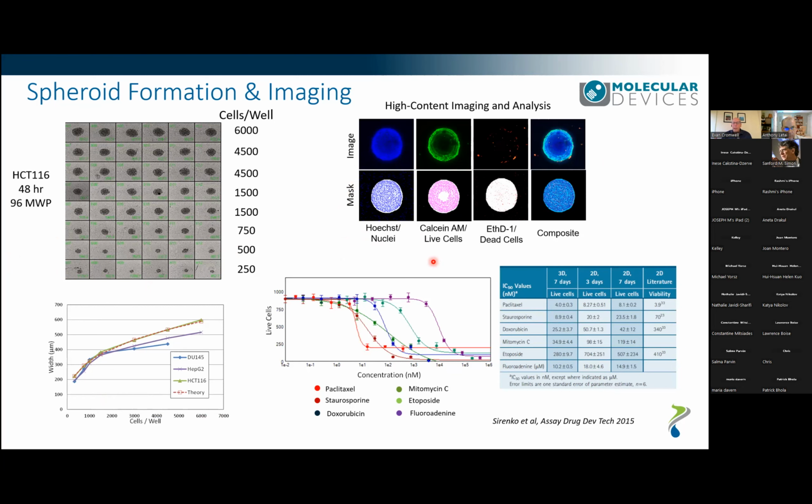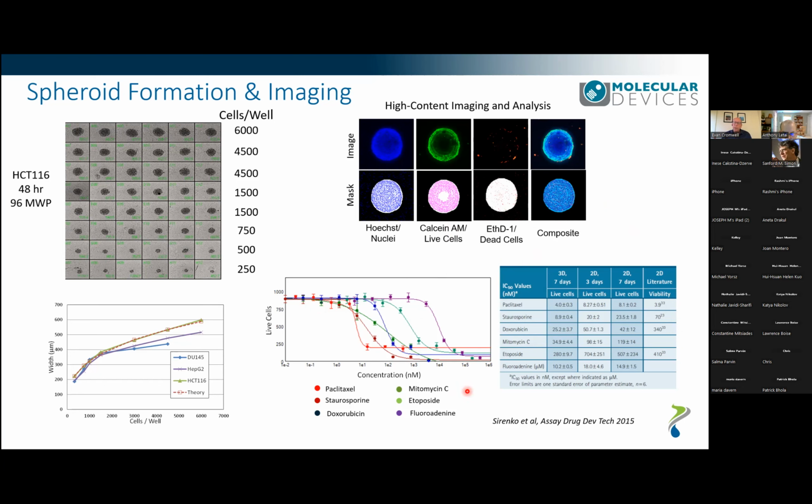You can use calcein AM as a live cell viability stain, and then ethidium homodimer, which permeates dead cells. And using different types of analysis methods, you can count cells, you can do simple intensity responses, but it's a very well-established technique for looking at live cell and viability response.